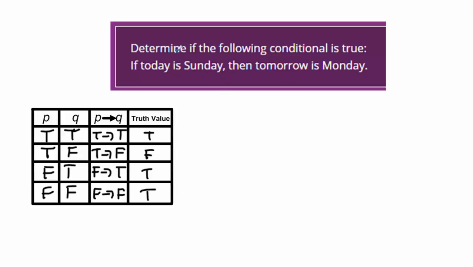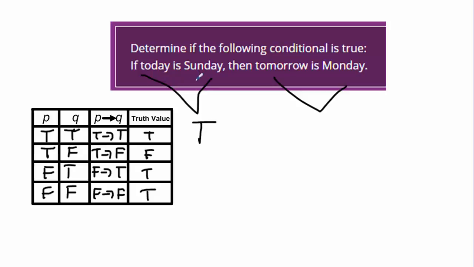So, if I wanted to determine if the following conditional is true, I just look at the truth value, or determine if the hypothesis is true and the conclusion is false. So if today is Sunday, so if I evaluate it when that is true, right? So I'm looking at when it is Sunday.